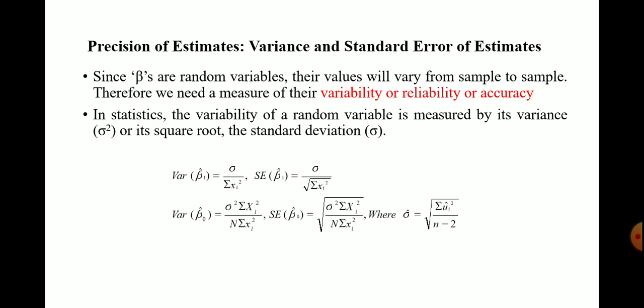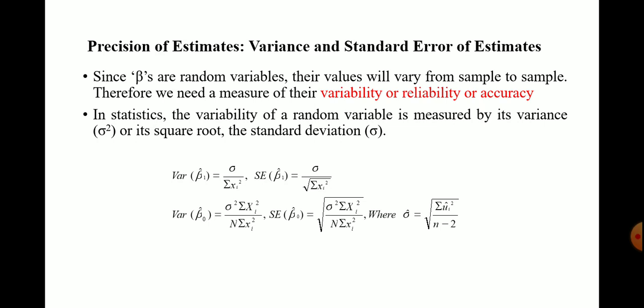It is the standard error of the regression model. It is n minus k, and since we are dealing with 2 variables, k is 2, so it is the root of RSS divided by n minus 2. With this information it is very easy to calculate the variance of beta cap 1.